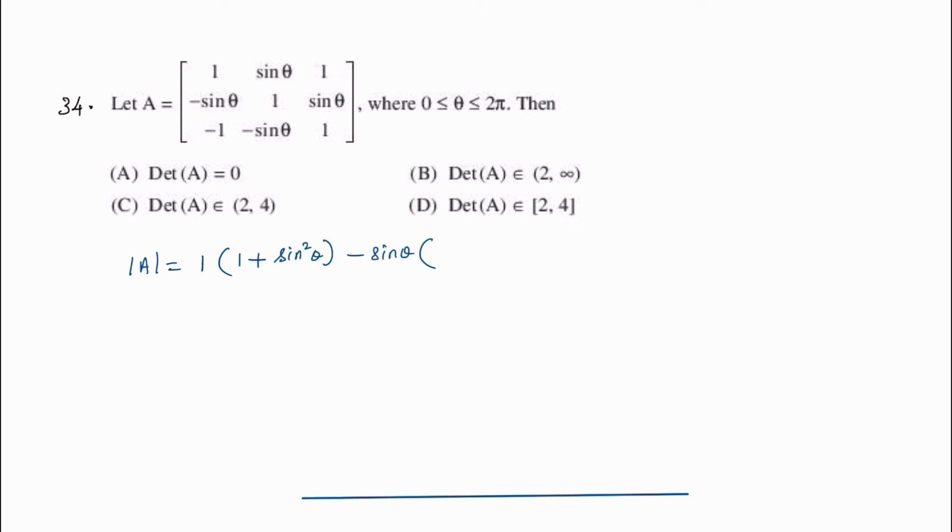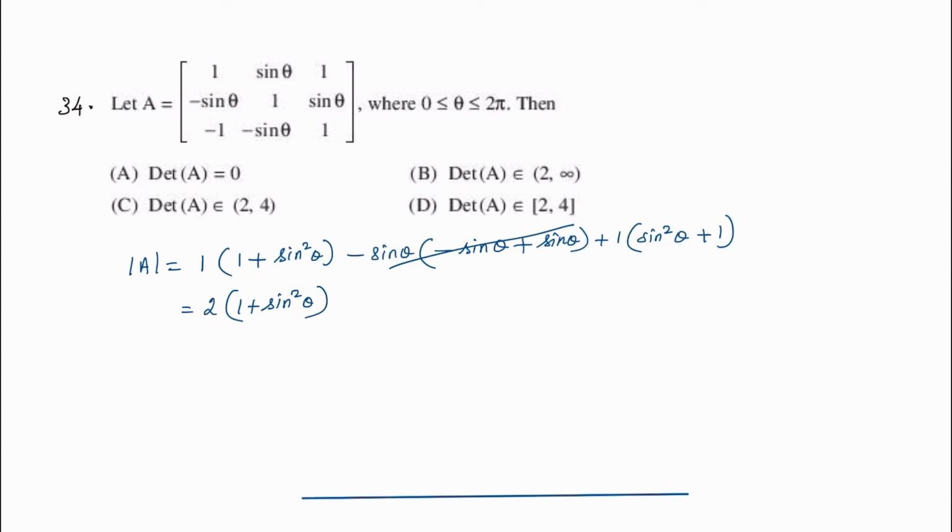Minus sine theta times minus sine theta minus of minus plus sine theta. And the third term, 1 into minus plus sine square theta minus of minus is plus. This second term becomes 0. We have 1 plus sine square theta plus 1 plus sine square theta, which is 2 times 1 plus sine square theta.